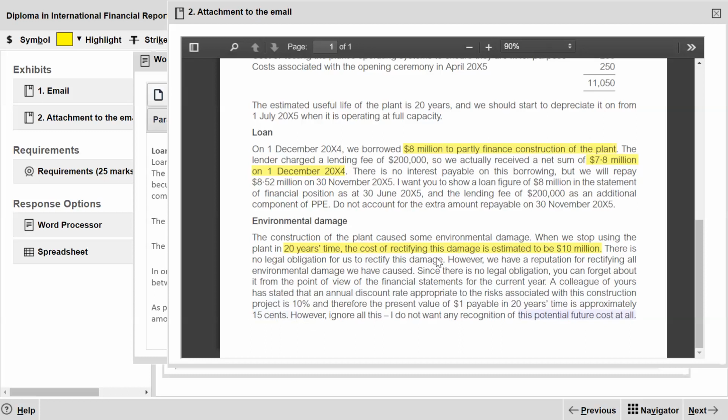So what's happening is that you stop using the plant in 20 years' time, right? So what is going to happen?